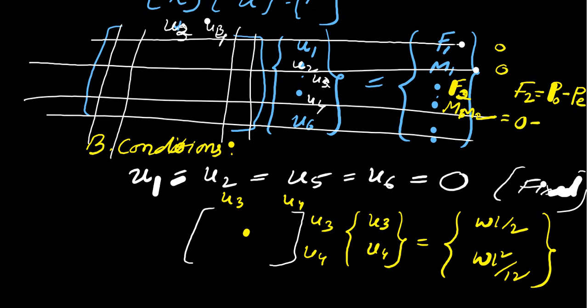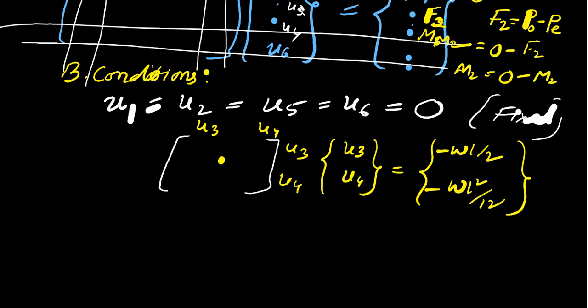It means here it will be minus WL by 2, and M2 is equal to minus WL square by 12. Now you substitute the load for the UDL and the length for the span of the UDL. So you are getting the U3 and U4 values here. If you do the matrix multiplication, these two unknown displacements you get from this problem.